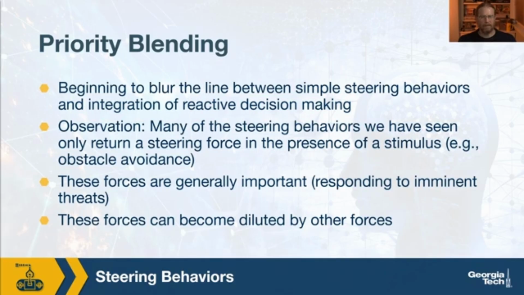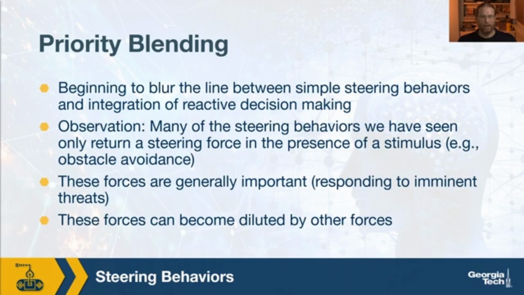Now, this is beginning to blur the line between just our basic steering behaviors and integration of some sort of reactive decision-making system. So this is one that you could actually implement by leveraging something such as like a rule-based system, perhaps.